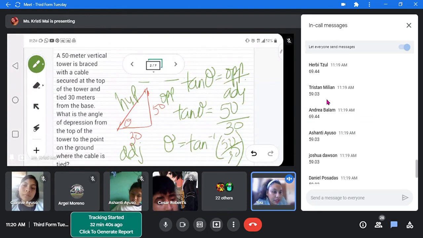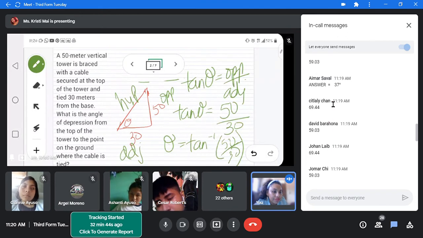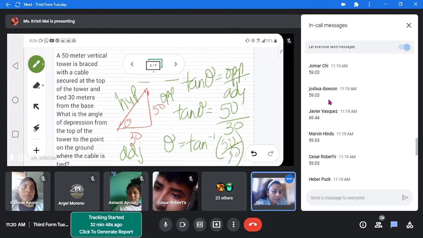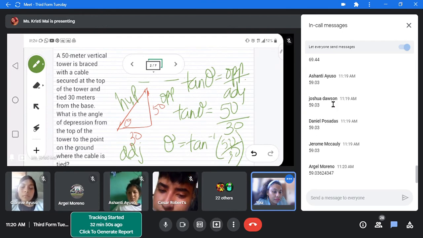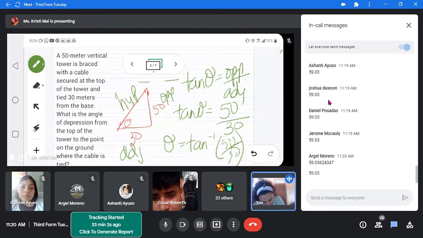So let me see the correct answer. The correct answer should be 59 degrees, and we're just going to leave it at 59. Alright, so for this one, theta is going to be 59 degrees.